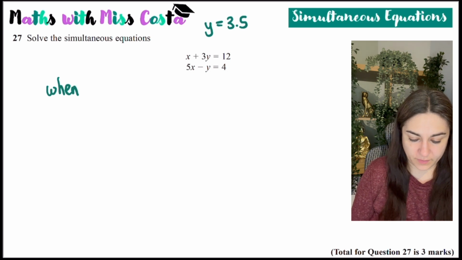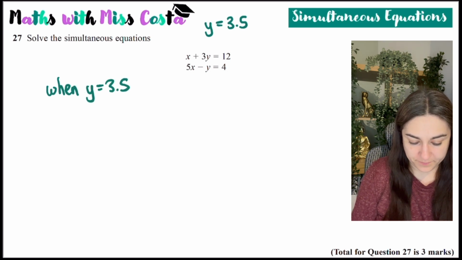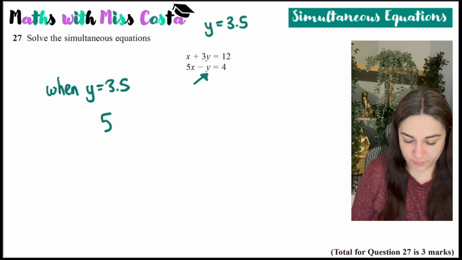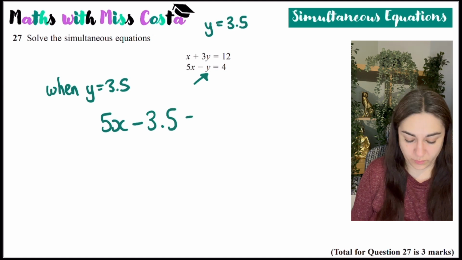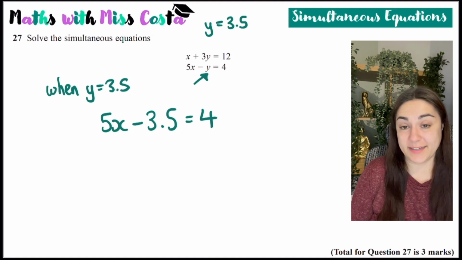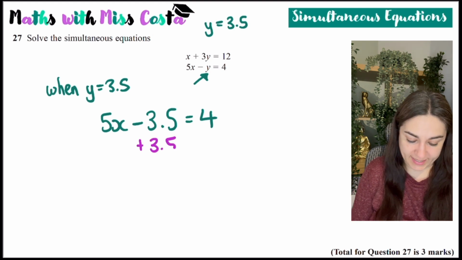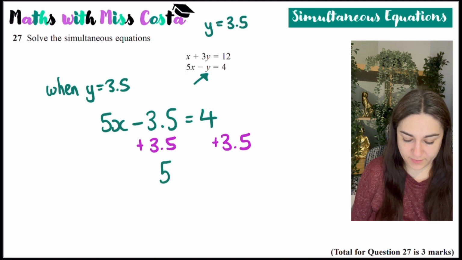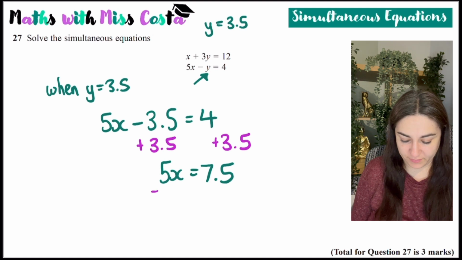So when y equals 3.5, I'm going to just choose this one. 5x take away one lot of y, which would be 3.5, equals 4. And now I need to solve this equation to find out what x is. So I add 3.5 to both sides of the equation, and I'm left with 5x equals 7.5.